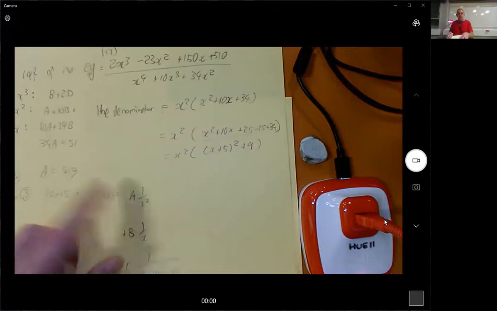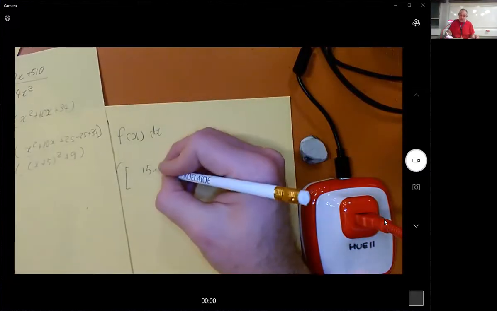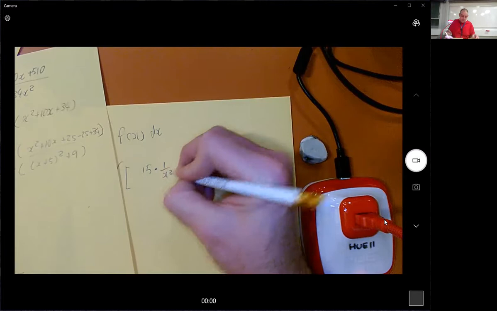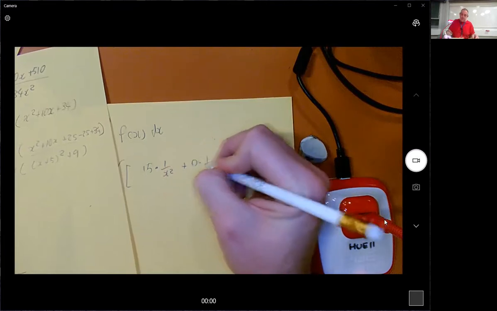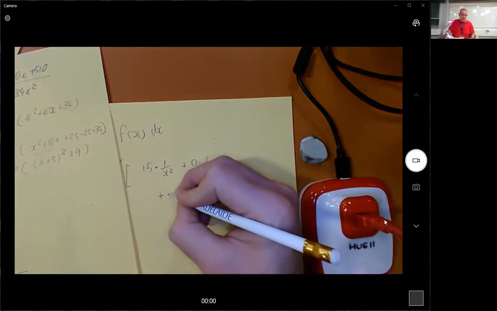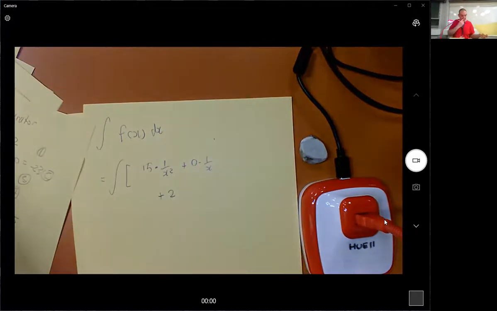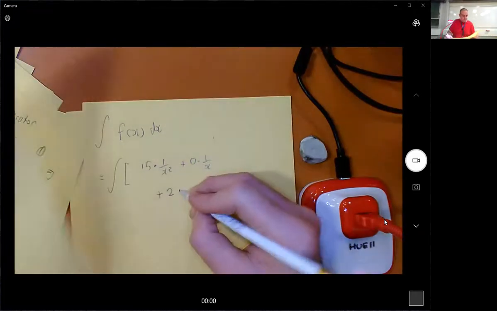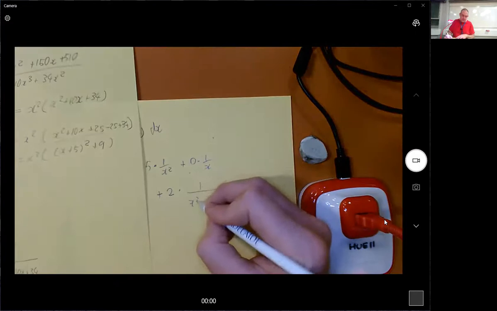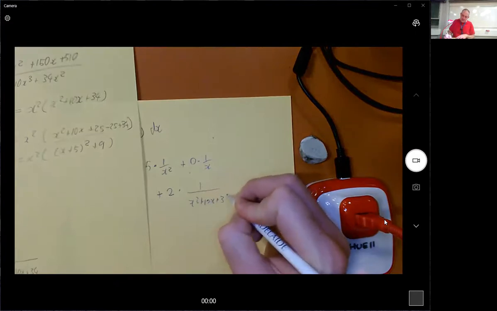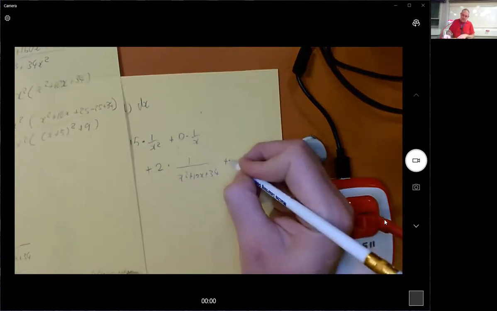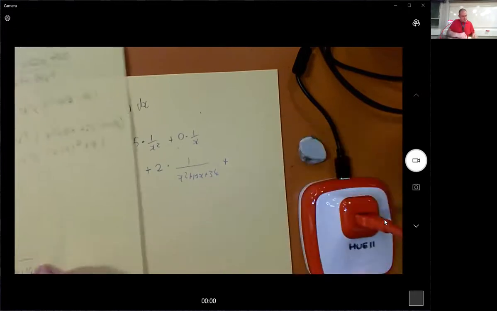There's my original working, a times 1 over x squared, plus b times 1 over x, plus c times 1 over x squared plus 10x plus 34, plus d, which was 1, wasn't it?